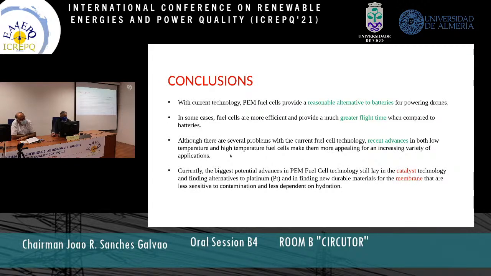With current technology, PEM fuel cells provide a very reasonable alternative to batteries for powering drones. In some cases, fuel cells are more efficient and provide much greater flight time compared to batteries, despite the problems with the current fuel cell technology. The recent advances, in both low and high temperature fuel cells, include improvement in two main areas.